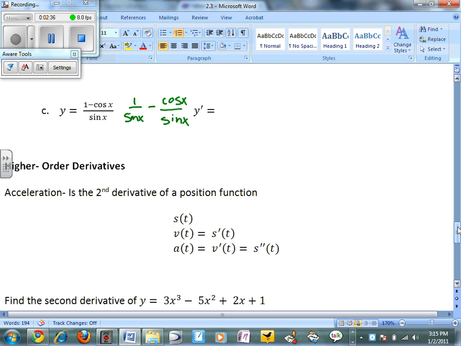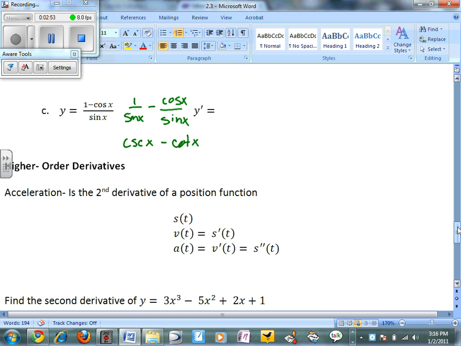If we remember our trig from last year, 1 over sine of x is the same thing as cosecant x, and cosine x over sine x is the same thing as cotangent x. Now we can take the derivative of this.